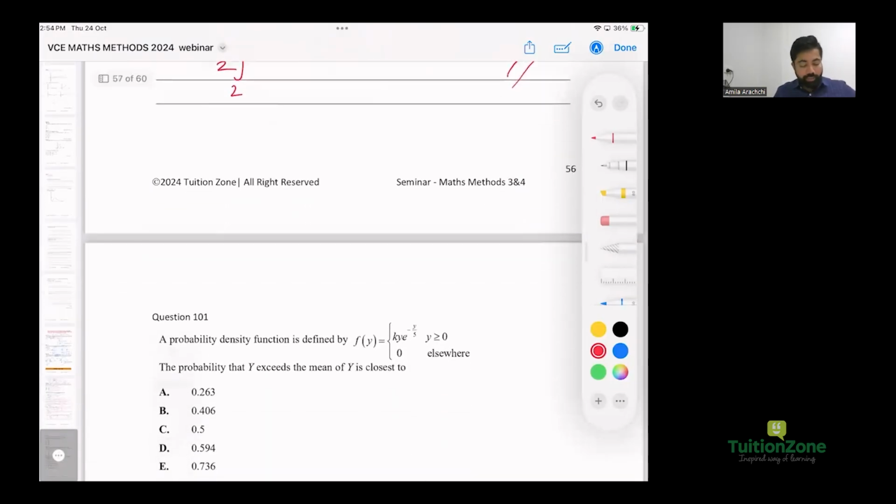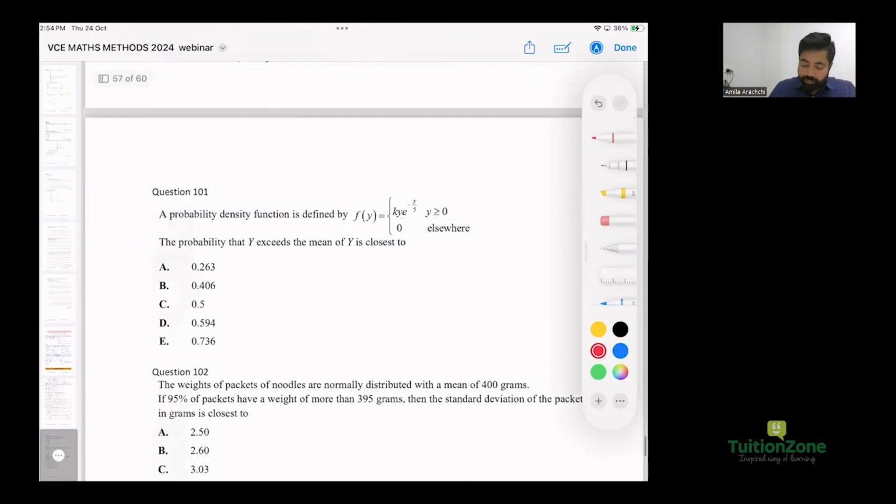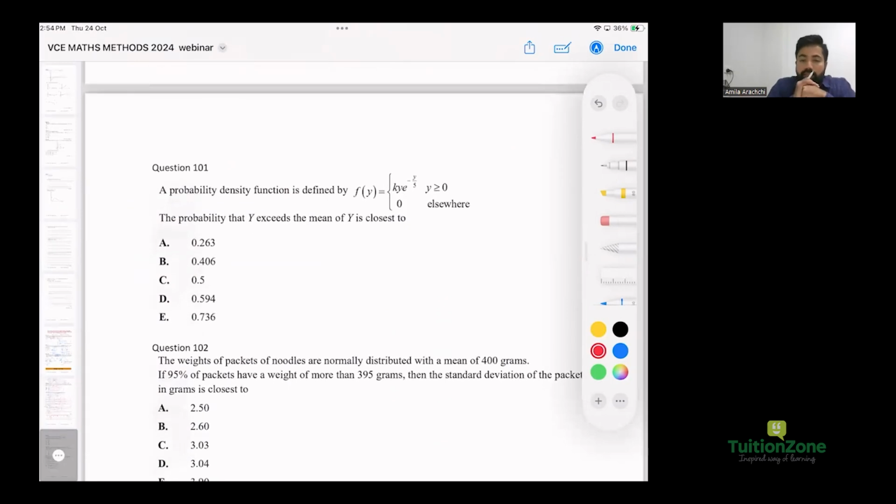All right, shall we try question number 101? These questions are technology active, so you can use a calculator and see if you can get the answer. Find the probability that y exceeds the mean of y. So same as the previous one. There are two things involved. The first thing is, can you find the mean value?